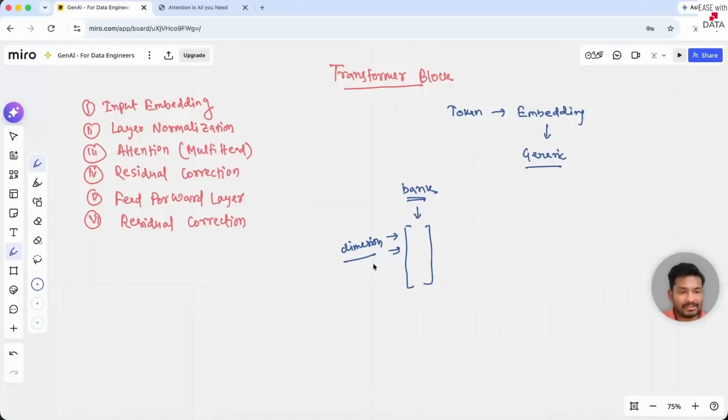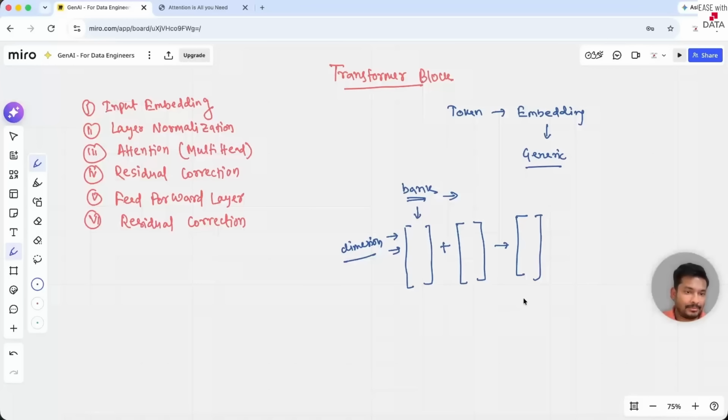And from our previous chapter, we already know that dimensions are used to capture meaning for each word. And that is how meanings are captured within the vector embeddings. So before feeding this bank into the transformer, it has a generic meaning. The transformer allows us to add more information within it to make sure that it becomes rich and context aware.